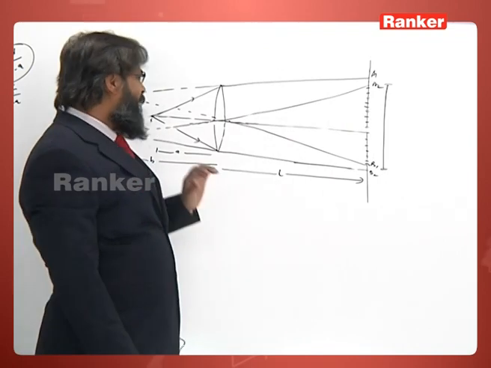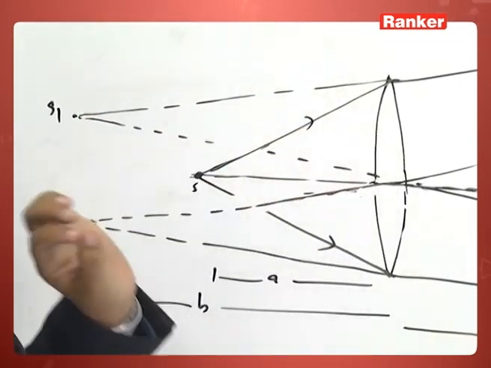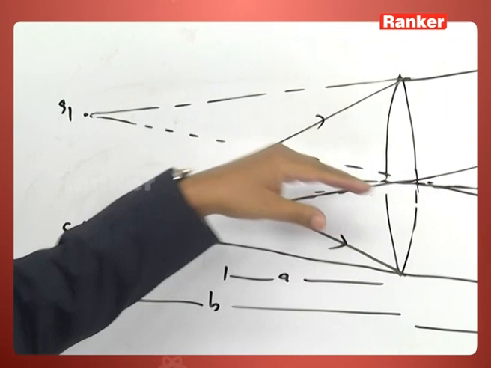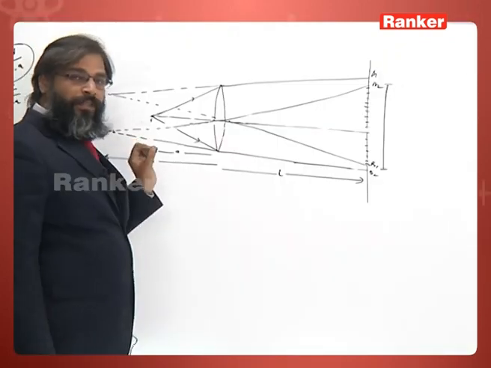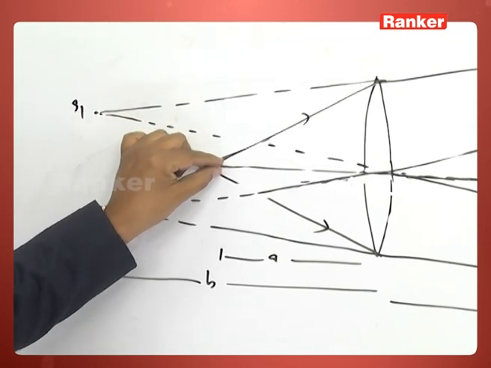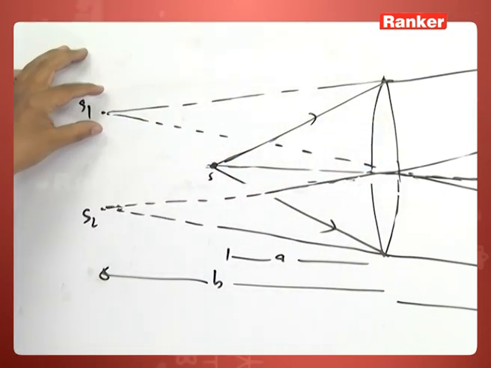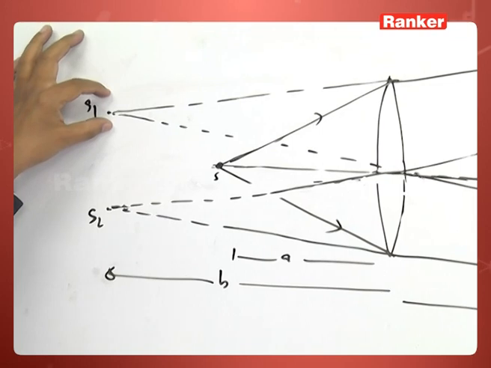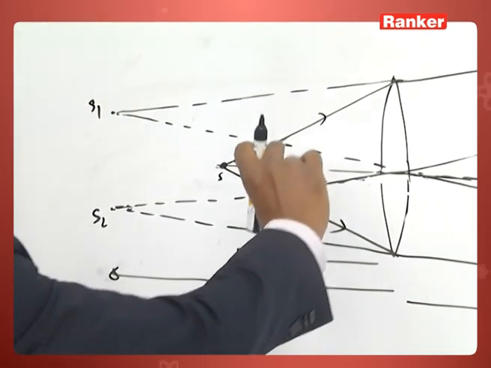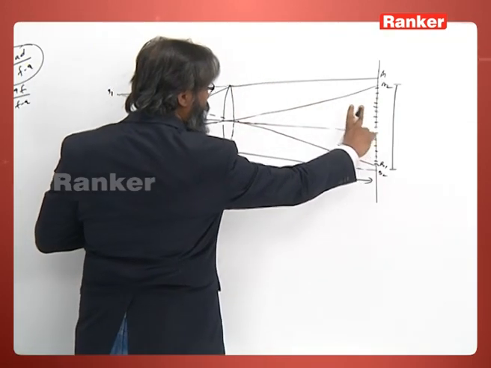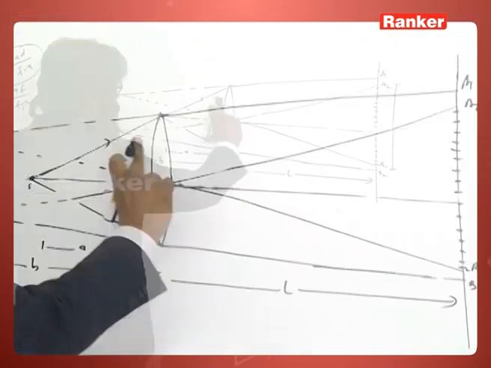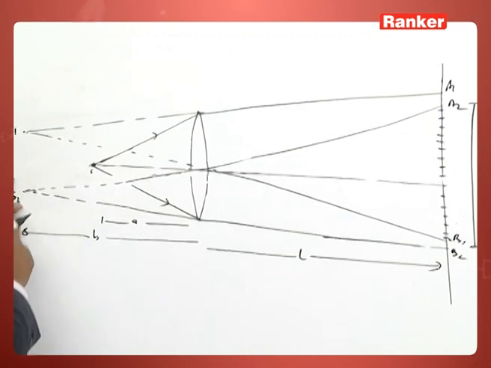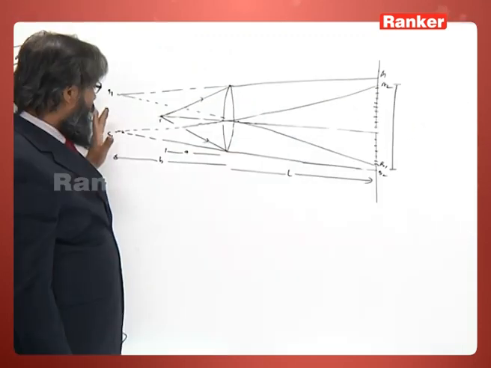Okay. So, you see here, this is my lens which after cutting has been pasted. This is the source placed here. This source due to upper half has produced a virtual image S1. So, the rays after refraction form at A1B1. Similarly, the source S has formed a virtual image S2 this side.